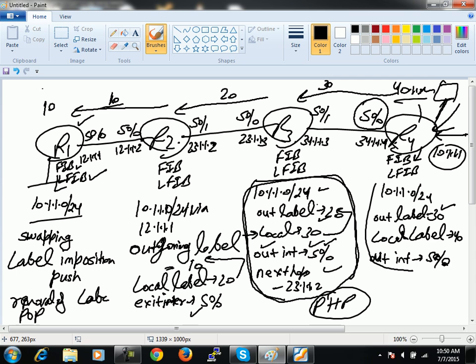Of course, for a single prefix you have a particular label. So for that prefix, all packets will follow the same path, and all those packets will be known as one FEC. And the path which is followed by your packet for your prefix will be known as LSP, label switched path.